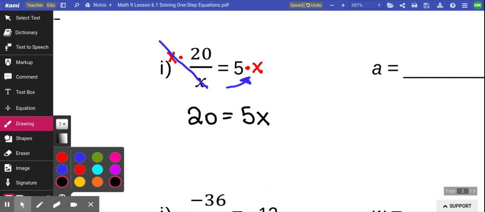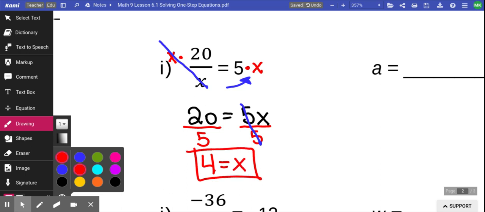And now our variable is no longer in the denominator, and this goes back to being a question that I can solve. If I want to get x by itself, it is now attached to that 5, meaning I have to divide both sides by 5 to cancel those out. This gives me 4 equals x as my final answer.